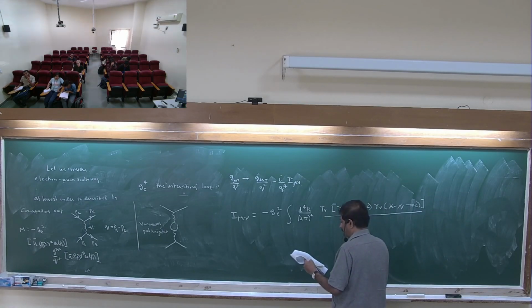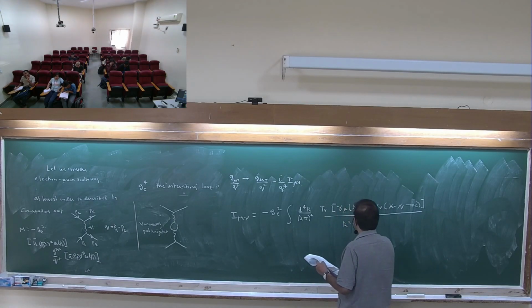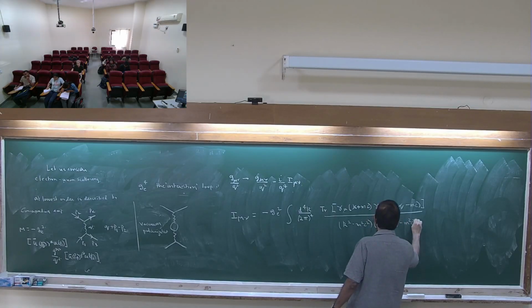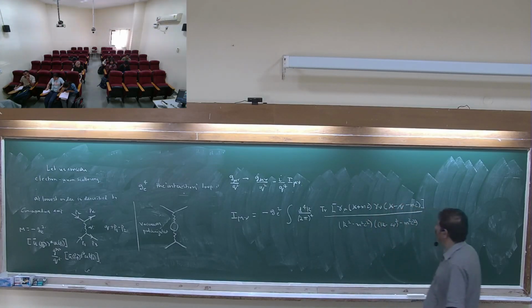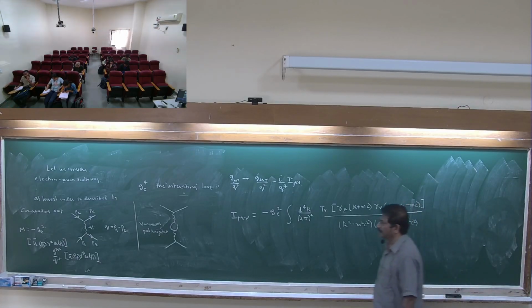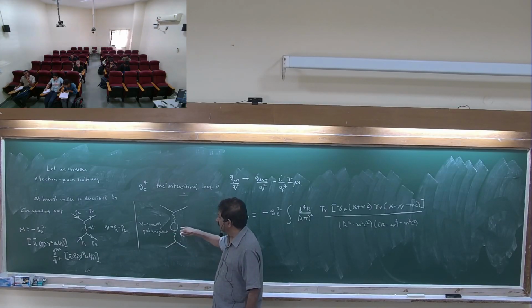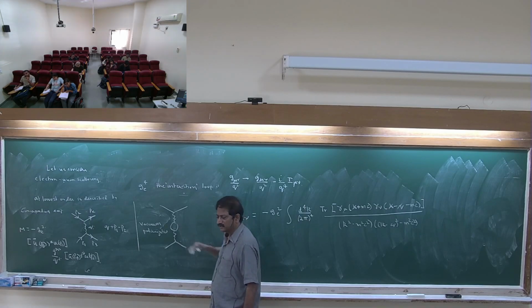So this is k squared minus m squared c squared times (k minus q) squared minus m squared c squared. Is it clear? Every single thing that I have just said, it's nothing very great. There's an integral over the loop. There's a propagator for each one of them. The propagators are k slash plus mc, k slash minus q slash plus mc downstairs.